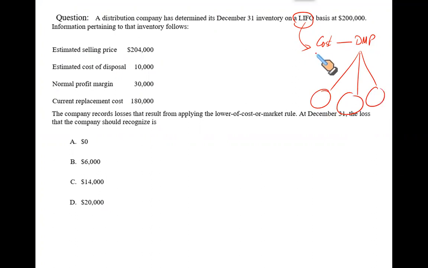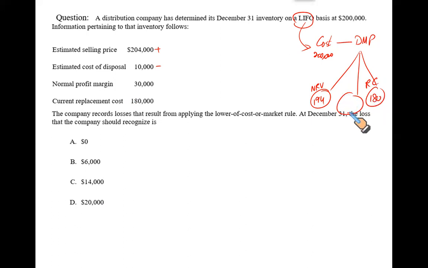So we have cost on one end, that is $200,000. We have the estimated selling price 204, and the estimated cost of disposal; sale price minus cost to sell will give you the NRV. So I'm going to put it as NRV 194, omitting three zeros. Then the next part, the replacement cost, is given as 180.